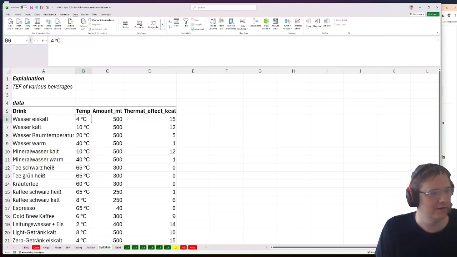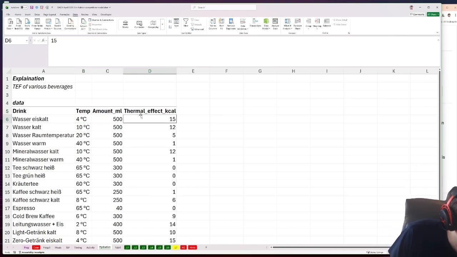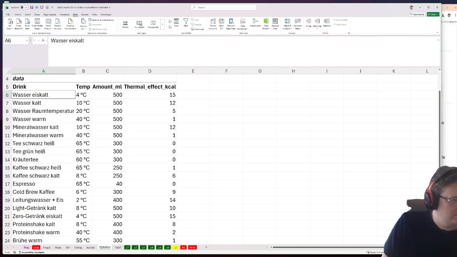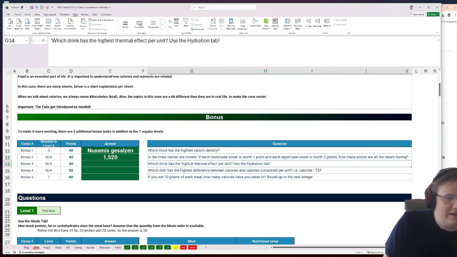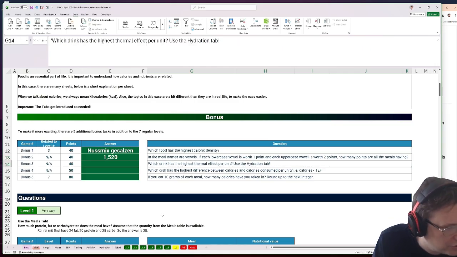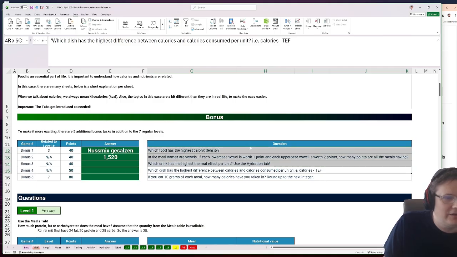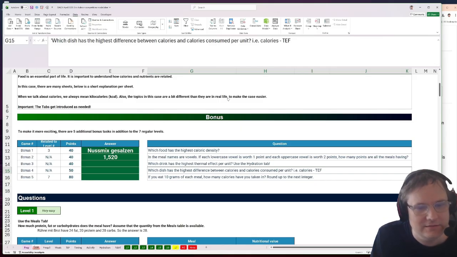Thermal effect for kilocalorie. That's the amount, and that's the temperature. Which drink has the highest thermal effect per unit? I don't get it. What dish has the highest difference between calories and calories consumed per unit?